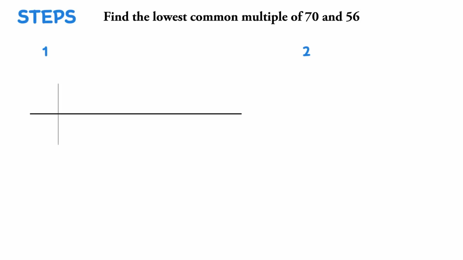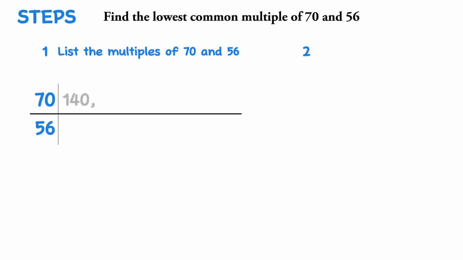Here, we're asked to find the lowest common multiple of 70 and 56. First, we need to lay out a table here in order to find the multiples of 70 and 56, which is the same thing as listing the times table for both these numbers here. It would go as 140, 210, 280, and 350.